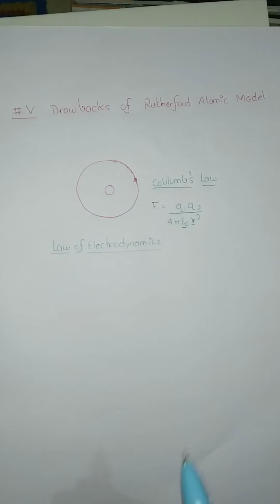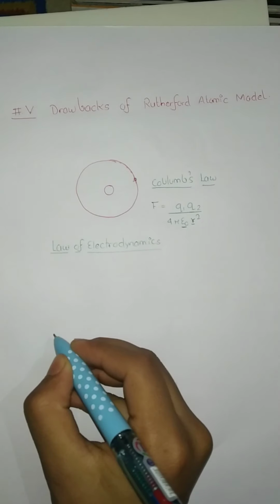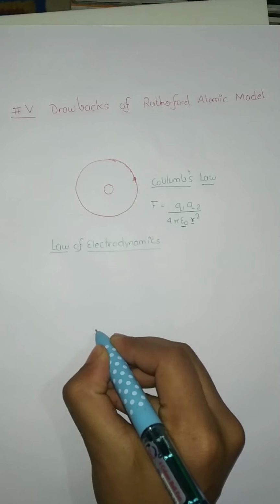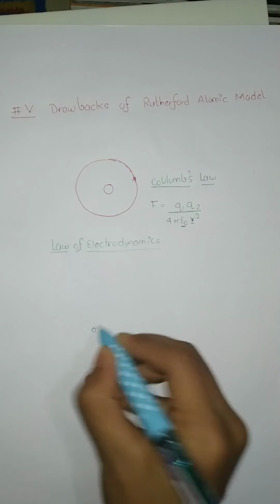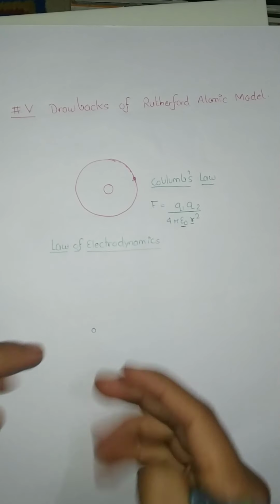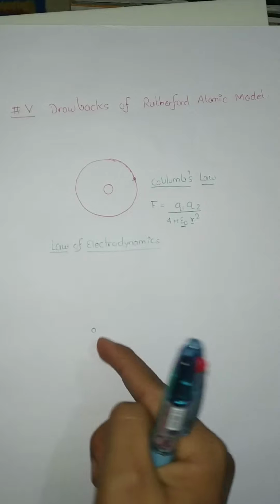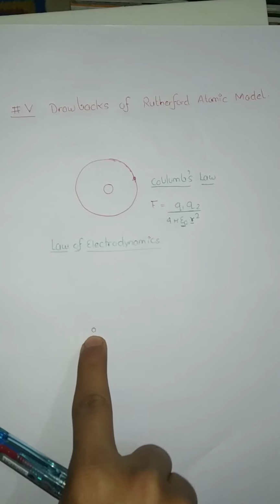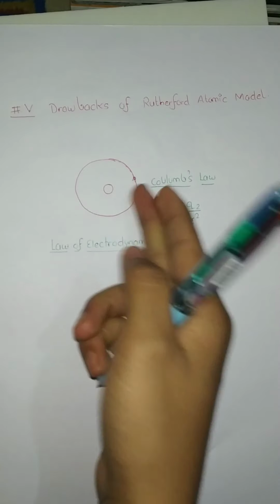Now let's talk about another drawback that's not mentioned in most books, or in most places on YouTube. When the electron is given energy, it goes from its ground state and is energized, and its radius will increase.